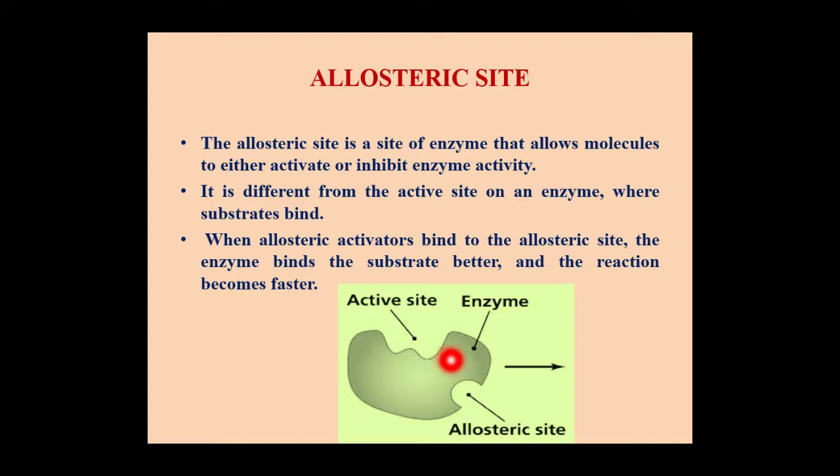On the active site, the substrate molecule binds, whereas on the allosteric site, an effector molecule binds. When allosteric activators bind to the allosteric site, the enzyme binds the substrate better and the reaction becomes faster.